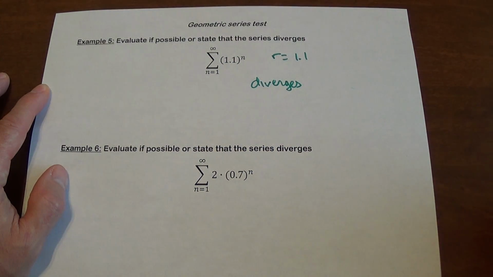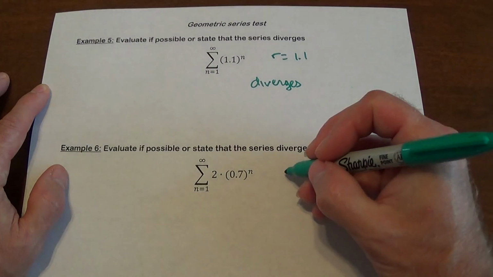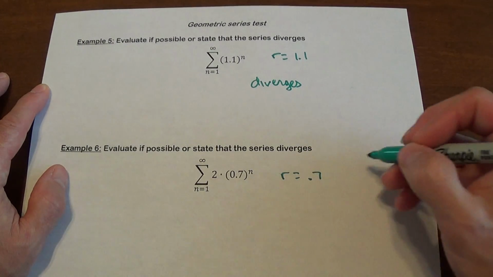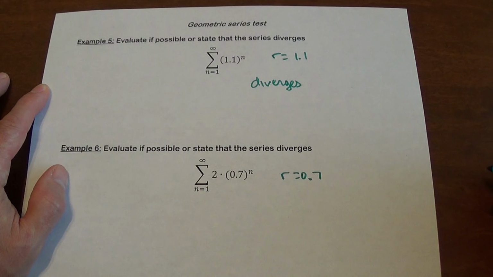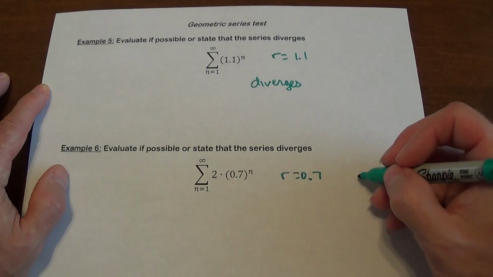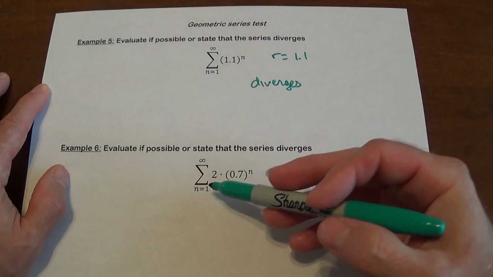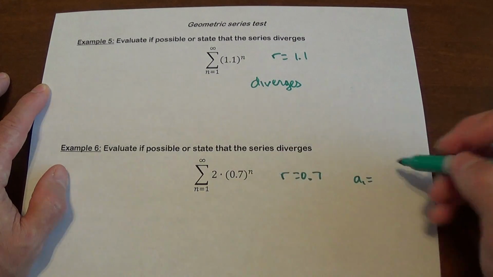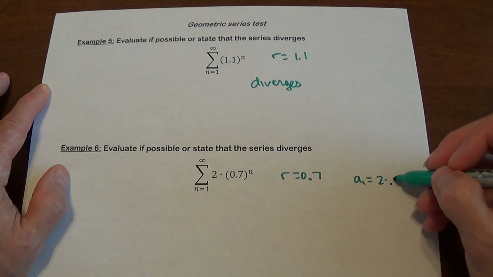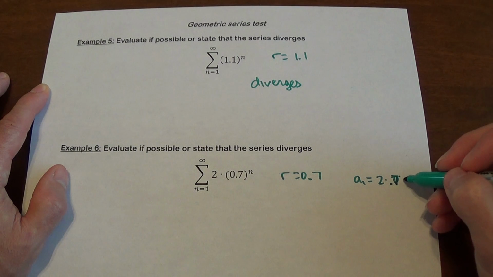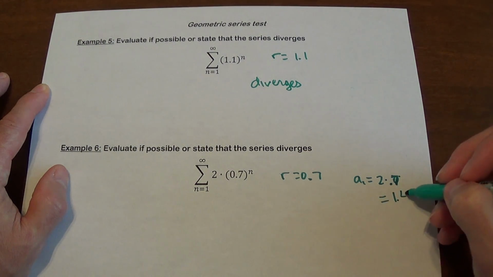Here the common ratio is going to be 0.7. That's right, just 0.7, which is less than 1. Our first term is going to be when n is the first number here, which is 1. So it's going to be 2 times 0.7, which is 1.4.